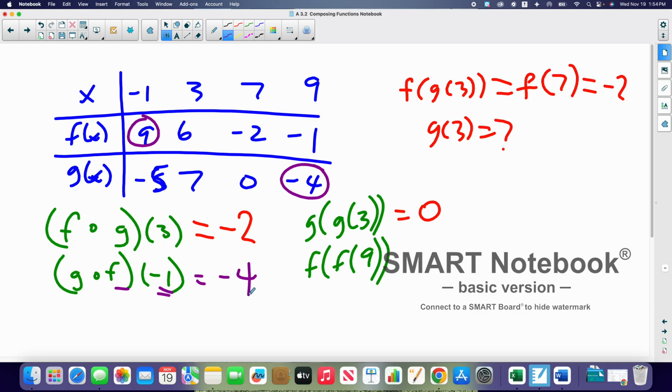That's totally what I got. Okay? Okay with that? Alright. Last one, I take f of 9. F of 9 is -1. Take the -1, plug it back in, and get f again, and it happens to be +9.